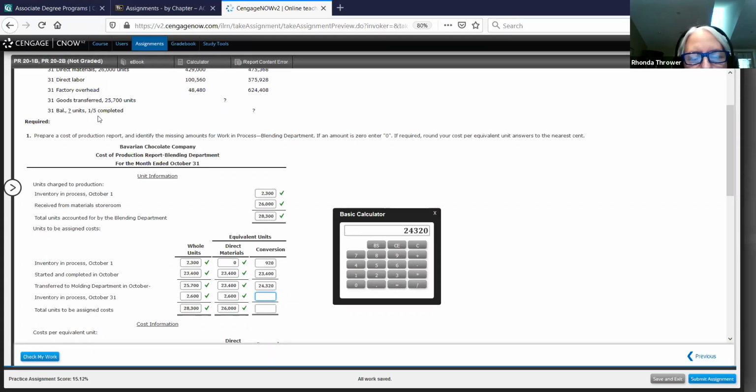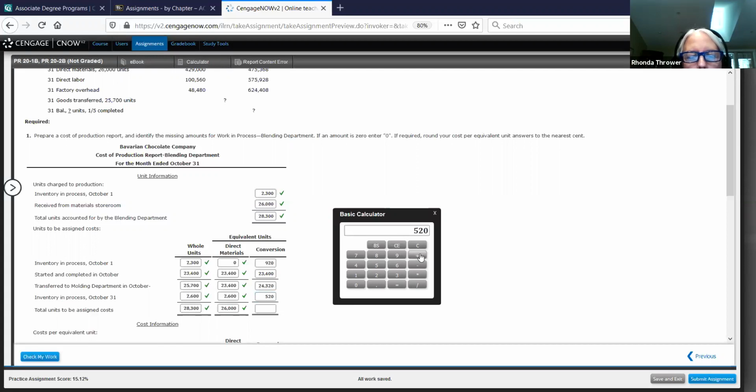We only have 1/5 complete during this period of time for conversion cost of our ending inventory units. So we're going to take our ending inventory units, that was 2,600 units. We're going to multiply that by 1/5, and that will give you 520 units that are in ending inventory.